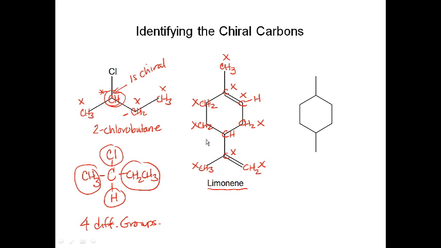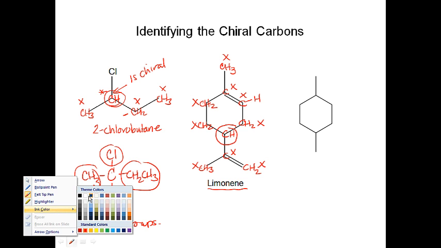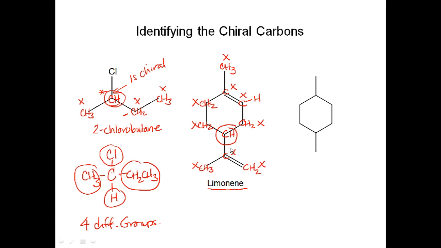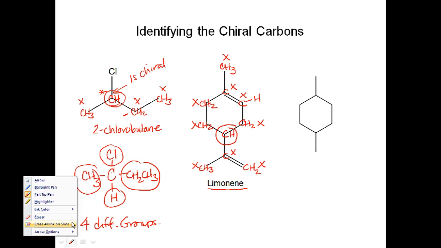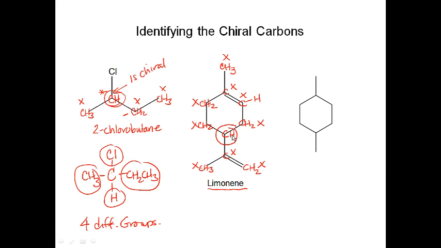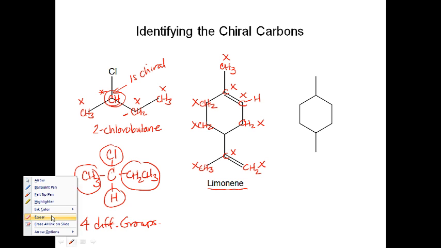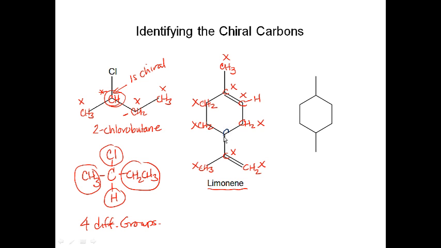Now that leaves us one left. That leaves us that CH. Is that chiral? Well, let me go back here and let's put in that carbon again. I'm going to put it in blue.